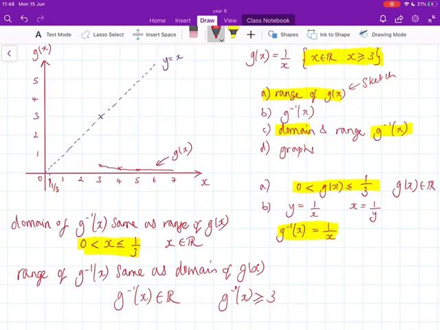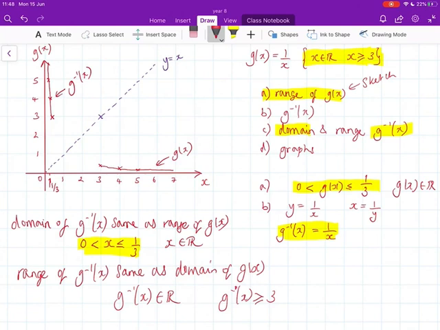Now if x was 1/3, 1 divided by 1/3 would be equal to 3. If we took a value less than 1/3, like 1/4, 1 divided by 1/4 would be 4, 1 divided by 1/5 would be 5, etc. So our graph here, that would be our graph g to the minus 1 of x.